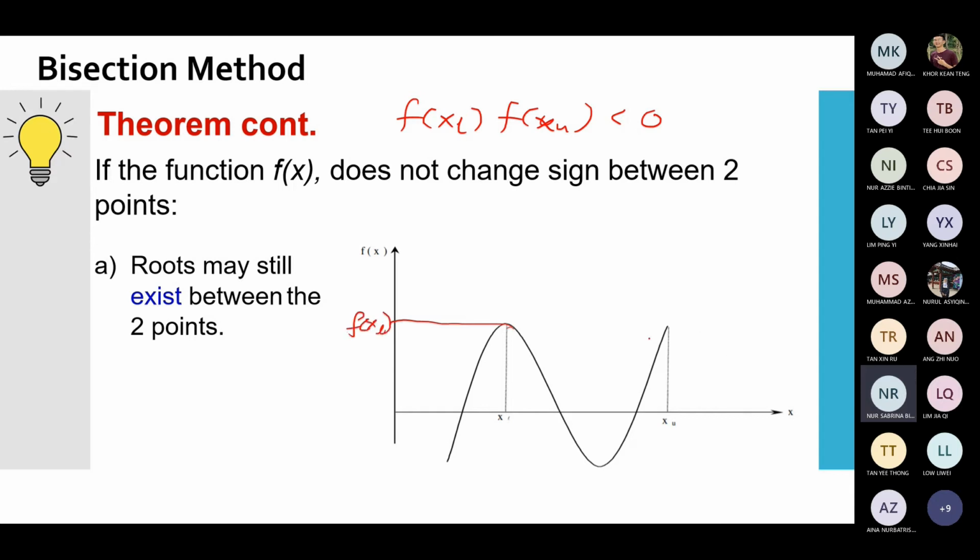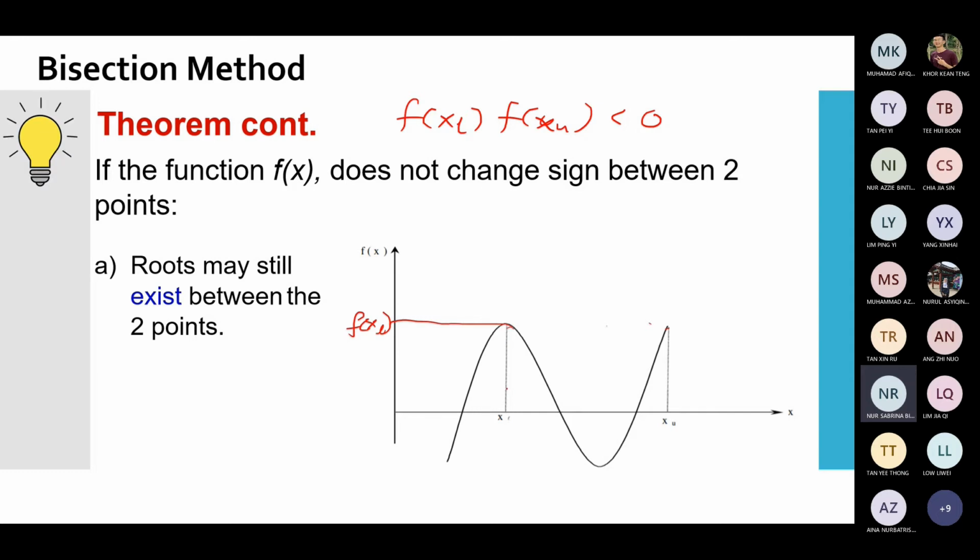And when you choose another value for the upper limit, it also shows a positive value, f(xu). This condition may happen, so you have to be careful when you choose the guessing points. You need to check. Sometimes you need to use the iteration formula.